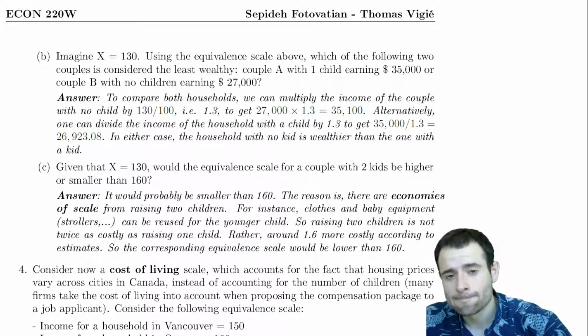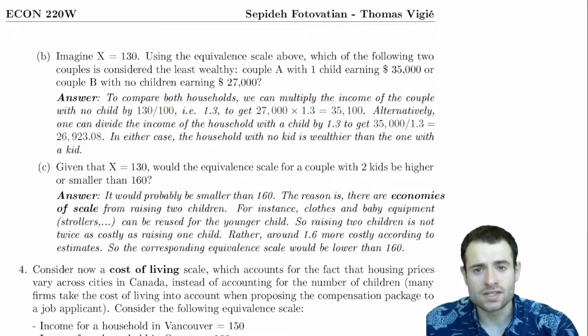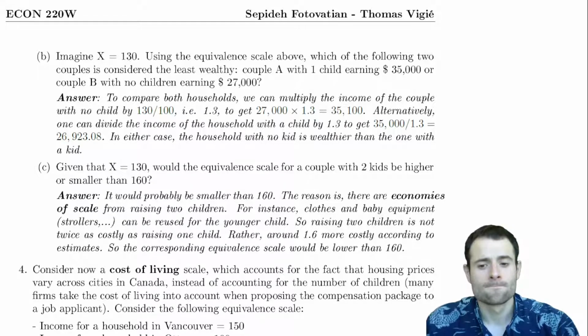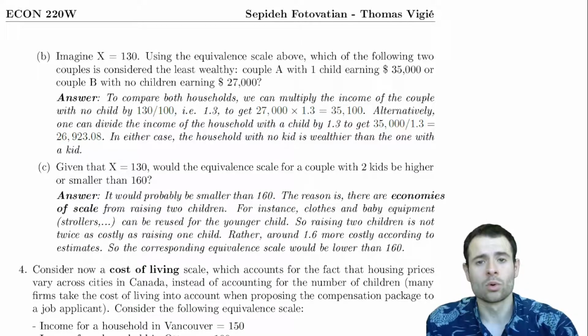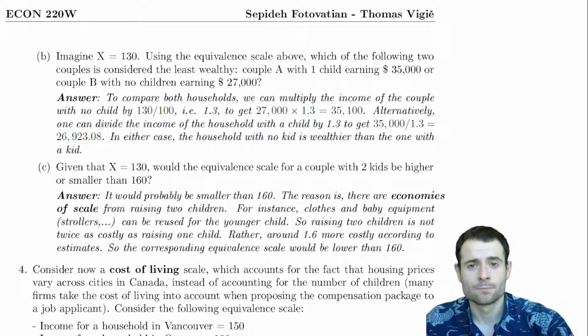According to estimates, it is not twice the cost of raising 1 child, but rather it is around 1.6 times more costly to raise 2 children. So probably the equivalent scale would be lower than 160.